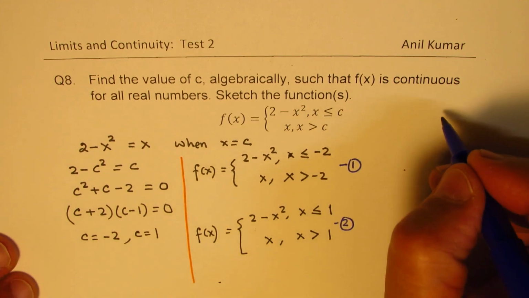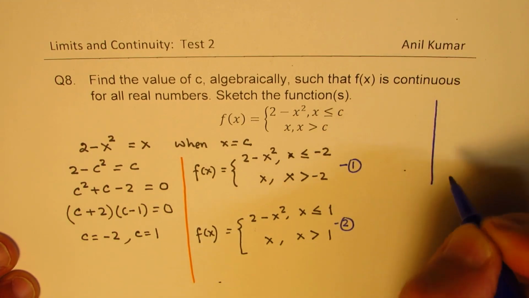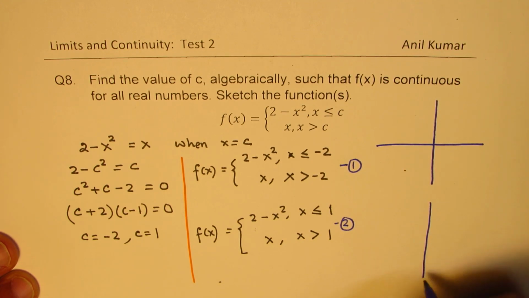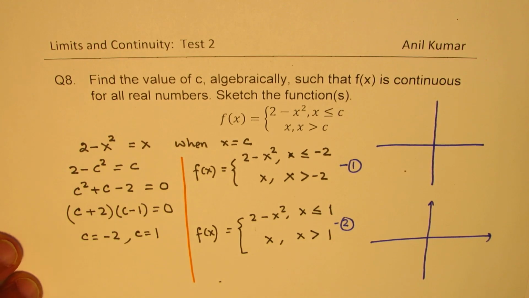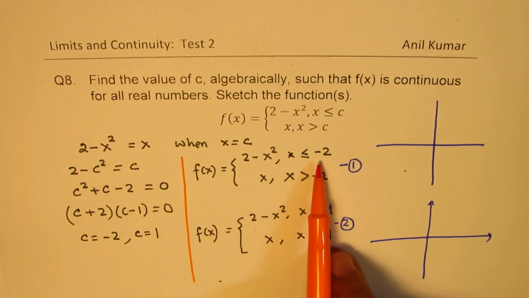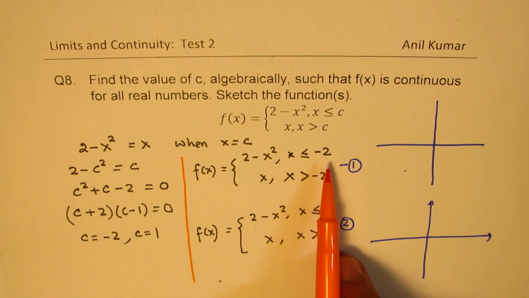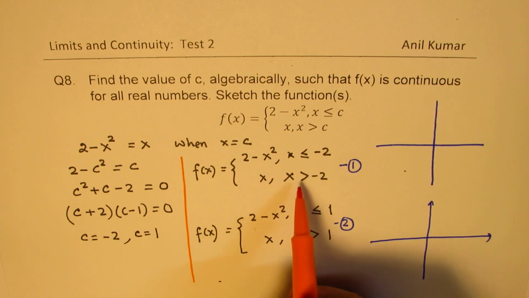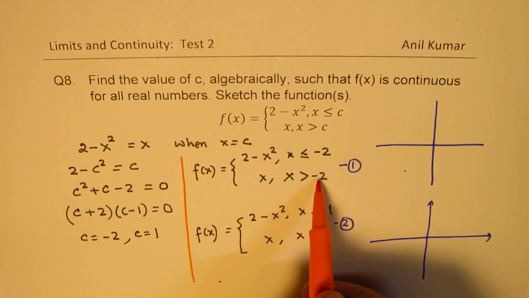Now let's try to sketch them. So I'll just make a rough sketch here. We'll have two graphs. So the first one here is, we'll consider the point at minus 2. So at minus 2, x value is minus 2 and it's a straight line for x greater than minus 2, right?